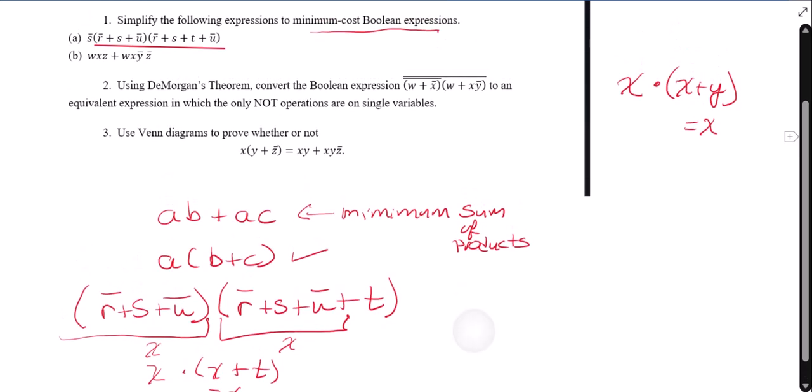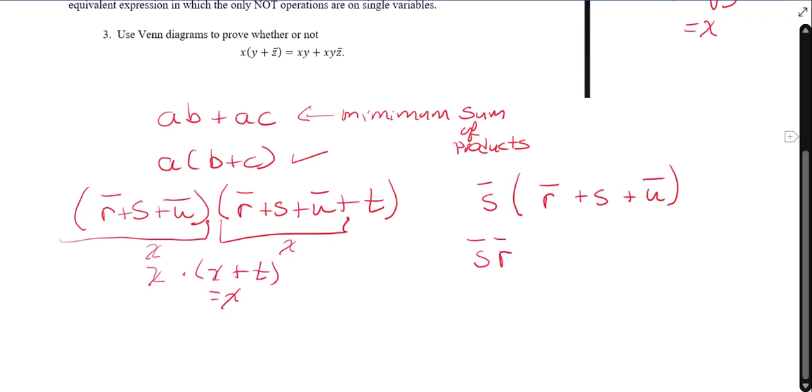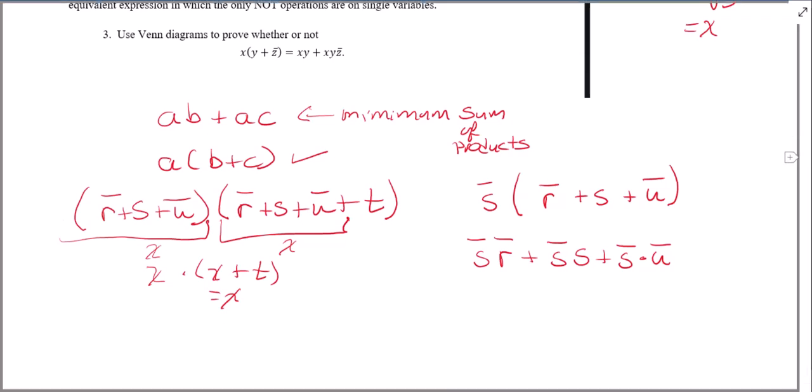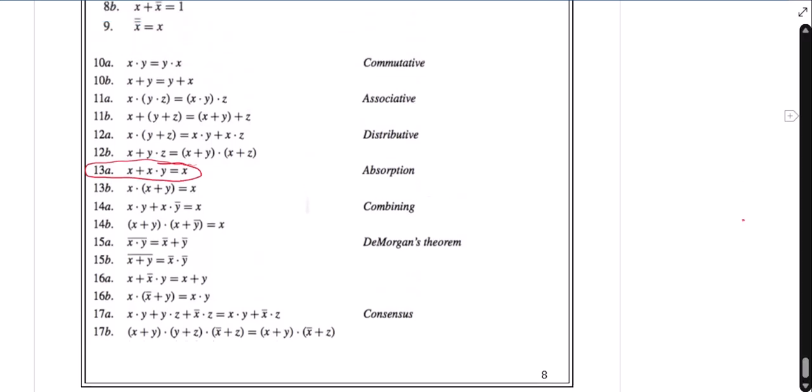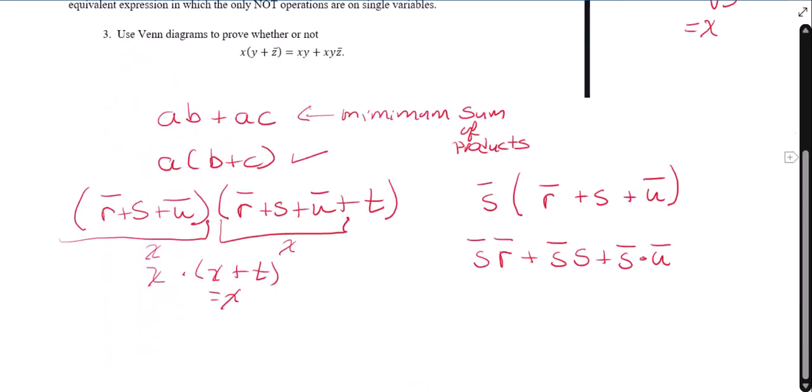So for this first one, the last 2 things that are multiplied together, I have s bar, and that equals not R plus S plus not U. Now, if I distribute this not S, I have not S, not R, plus not S and S, plus not S and not U. Now I can look at this not s and s, and I realized from my theorems that anything ANDed to its complement, x and not x, equals 0.